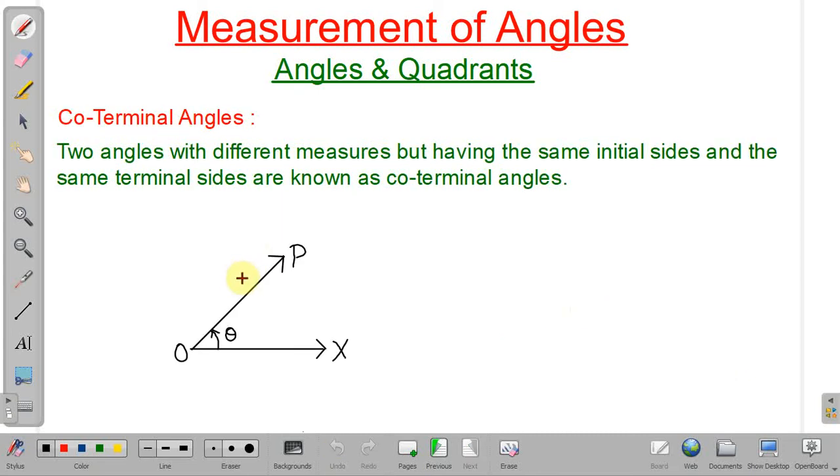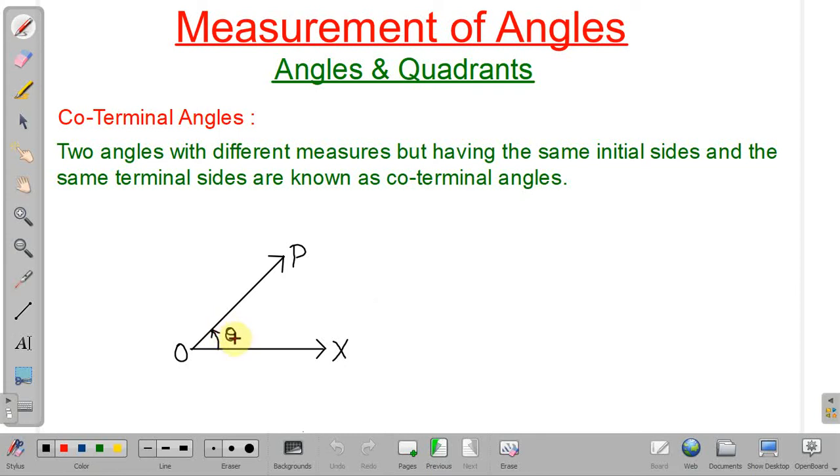Next one is co-terminal angles. Two angles with different measures, but whose initial and terminal sides coincide, are co-terminal. In this figure, OX is the initial side, OP is the terminal side, and theta is the angle. To find a co-terminal angle of theta, the initial and terminal sides must coincide.